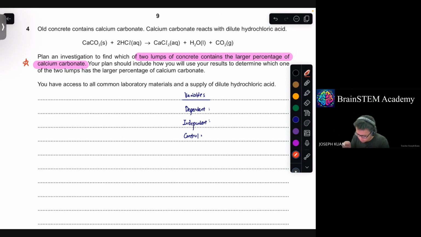You can think of mass, percentage by mass, so maybe you can plan your experiments around the idea of mass. Let's talk about control for a second. Other variables should be kept constant, for example the volume of hydrochloric acid used, and to be fair, you use the same mass of concrete.